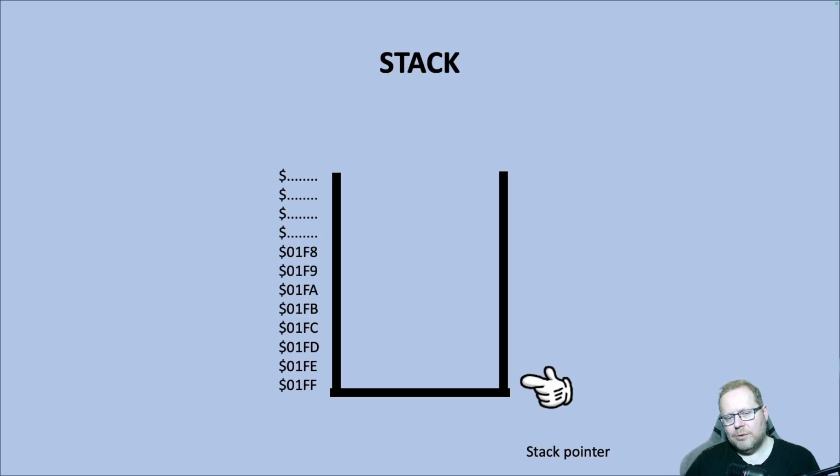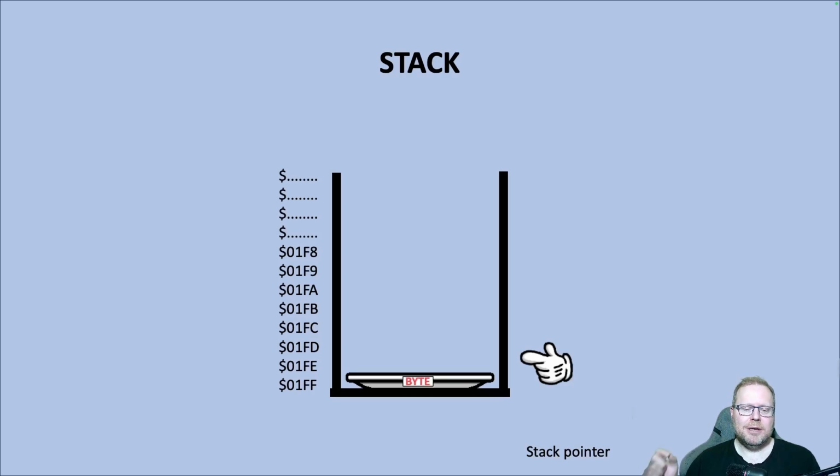So now my stack is empty. Now I'm going to add something to the stack. Let's imagine this dinner plate thing, right? I add a dinner plate. But in reality, it's not a dinner plate, of course. In reality, what we add to the stack is a byte. We add 1 byte to the stack.